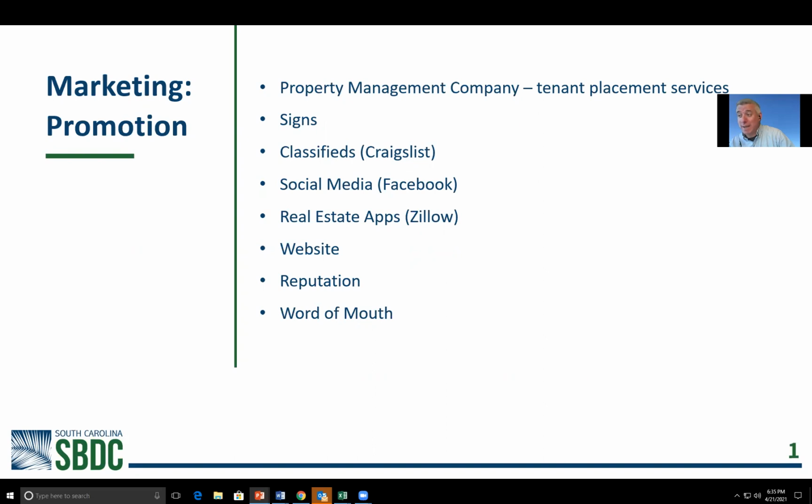Yes, you have to complete an application. Yes, there's a deposit, there's a pet fee, there's first and last month's rent. You put all that stuff up front, right? Then all of a sudden it'll start to screen people out automatically, because they'll say, well, I don't want to pay first and last month's rent, or that deposit seems too high for me. So you want to get those people out anyway.